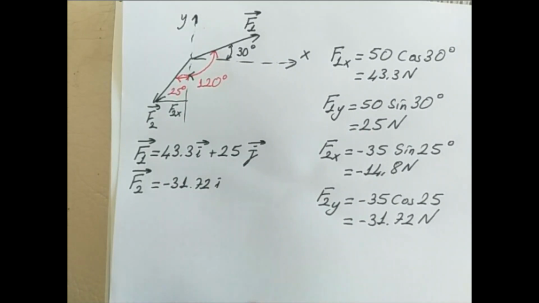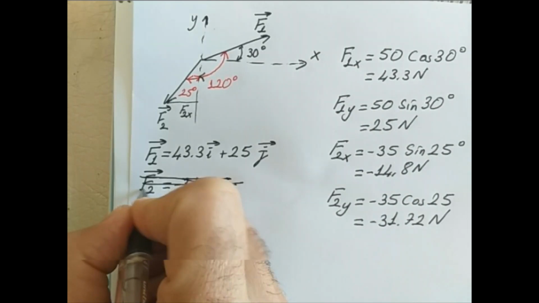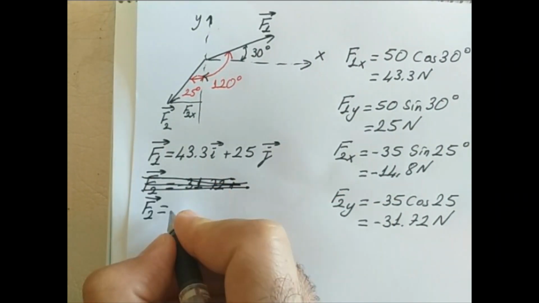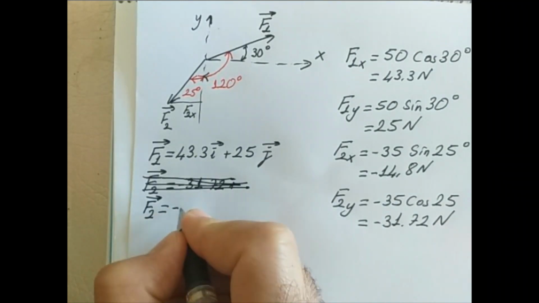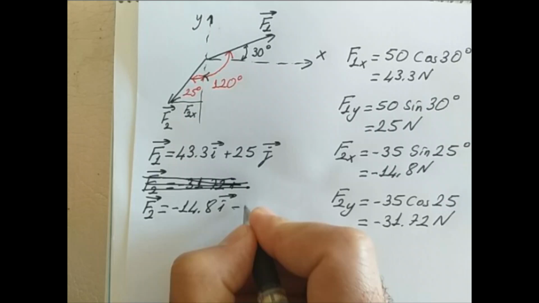F2 is equal to minus 14.8 i vector minus 31.72 j vector.